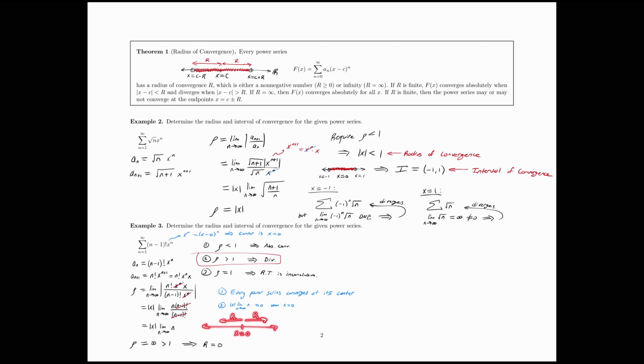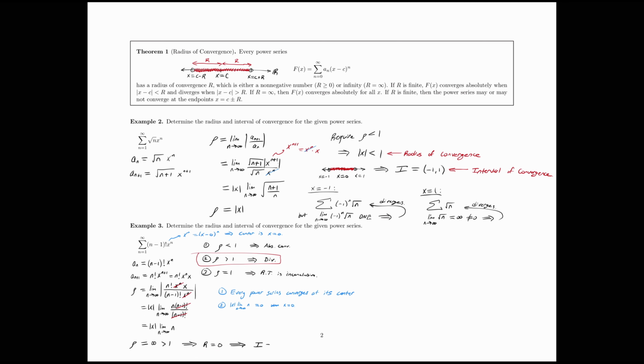Then that means your radius of convergence has to be 0, because you're not allowed to move away from the center at all. Any movement away from the center will result in divergence.